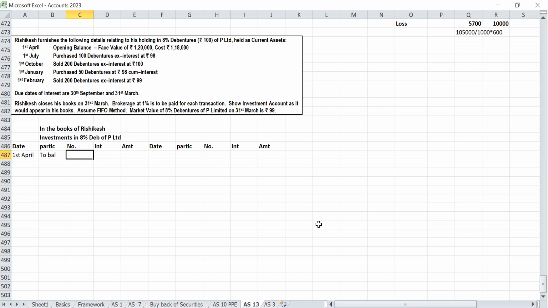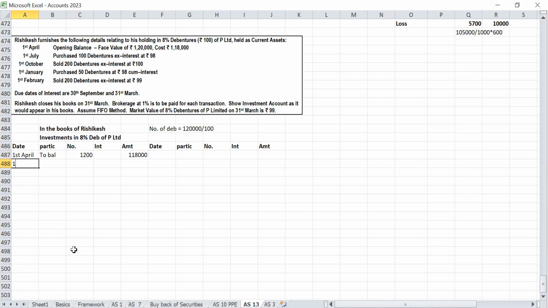Number of debentures: total face value is given, and face value per debenture is also given. So the number will be 1,20,000 divided by 100, so 1,200 debentures. No interest. Amount will be 1,18,000.